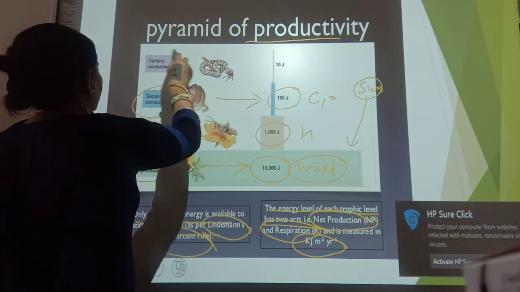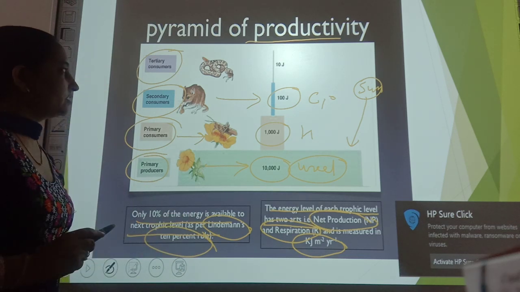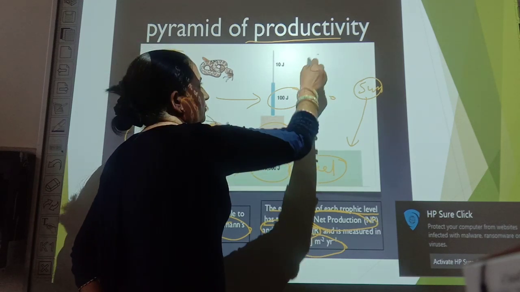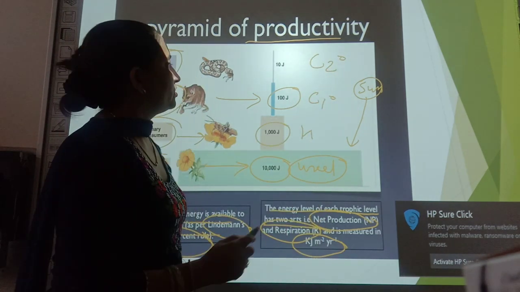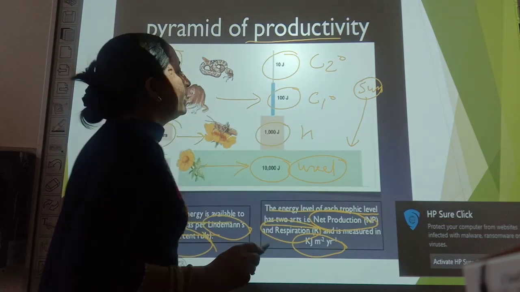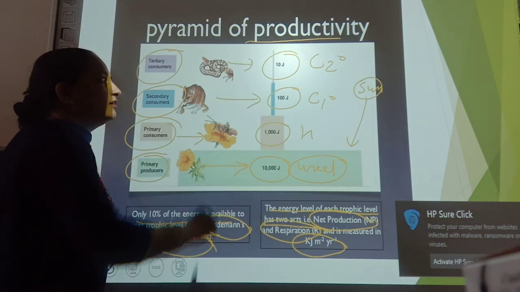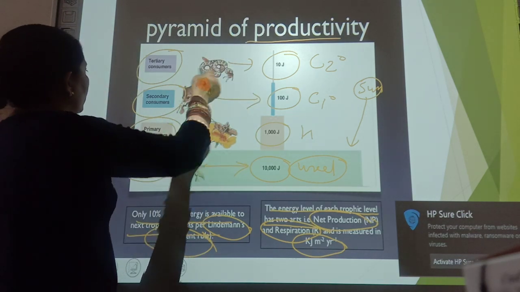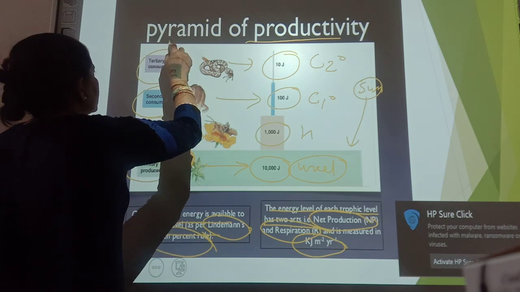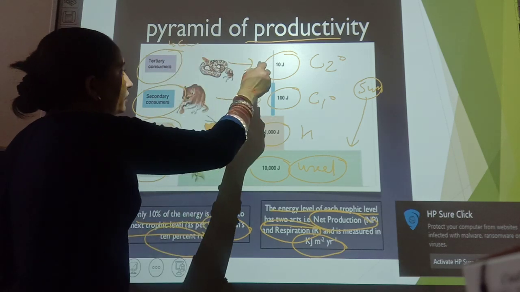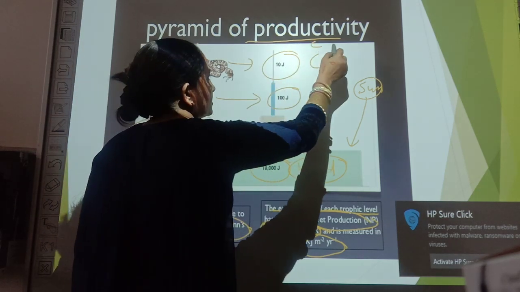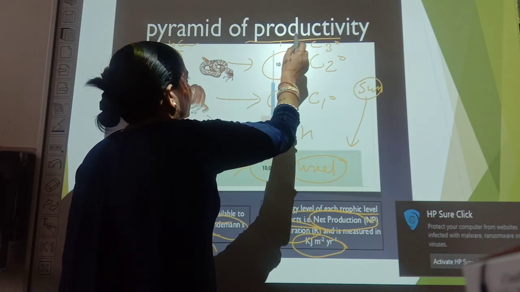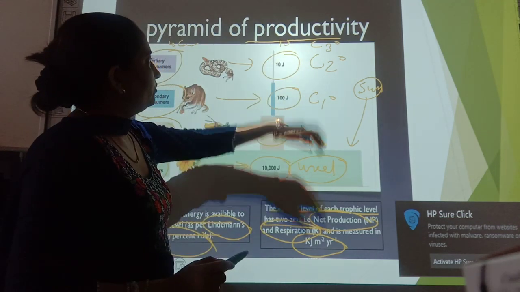Further, at the next level, the tertiary consumers take the energy from the primary carnivores, and these are the secondary carnivores. Here only 10 joule of energy reaches the next level, and if we add one more step, the quaternary consumers, only 1 joule of energy reaches the next level.